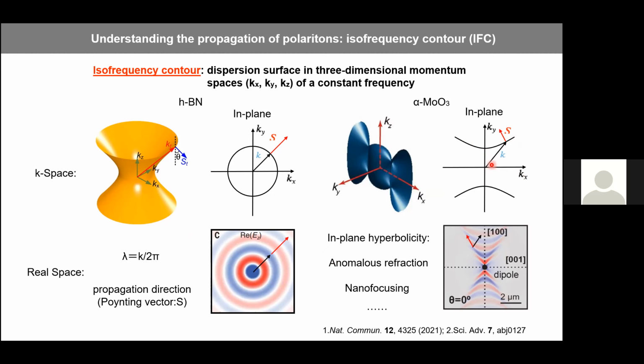So correspondingly, we will have this concave wavefront in real space. We call this in-plane hyperbolicity, and this gives us a lot of interesting phenomena. As in Pablo's talk, he already gave anomalous refraction based on this in-plane hyperbolicity, and also focusing. If you are interested, you can also read these two papers.